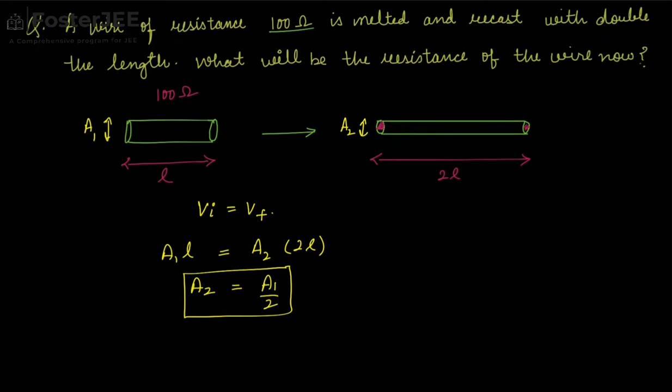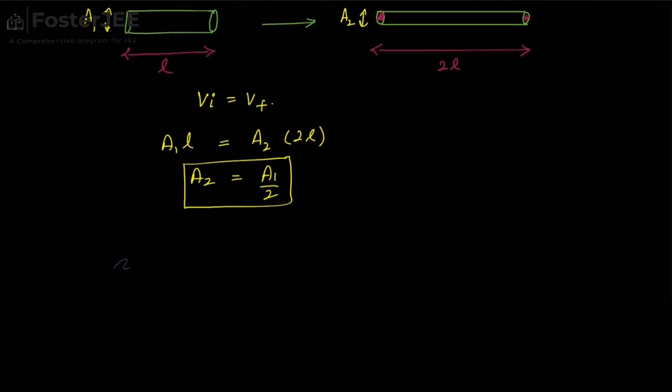Now using the resistance relation R equals rho L upon A, which means resistance is proportional to length upon area.